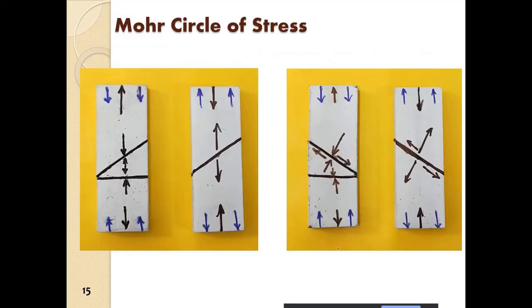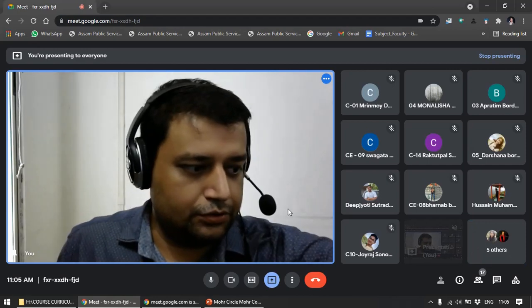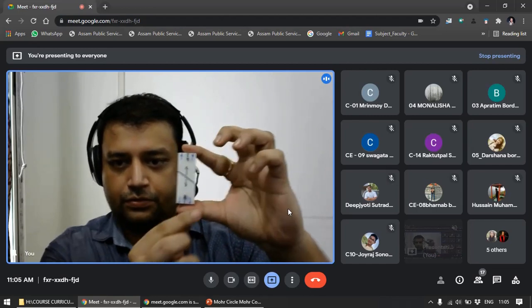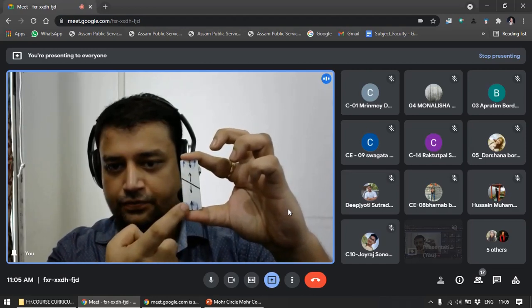So now again we come back to this rubber sample that we used to understand how the force is transmitted. What the arrow is showing is that the middle arrow is basically the force which I am applying.